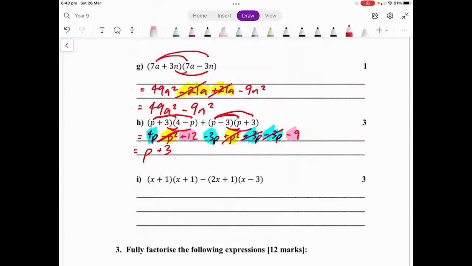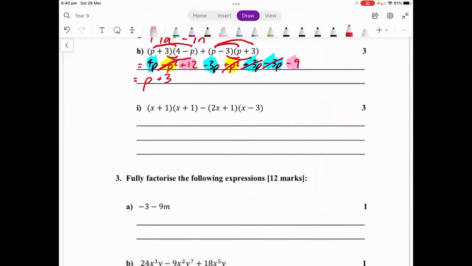Question I, we have two sets of brackets that we need to expand, so we draw our eyebrows. For the first one, when we expand it, we get x squared plus x plus 1. For the second one, there's a minus out front, so I'm actually going to draw a set of brackets around that so that I can expand the minus sign later. When I expand that second set of brackets, I get 2x squared minus 6x plus x minus 3.